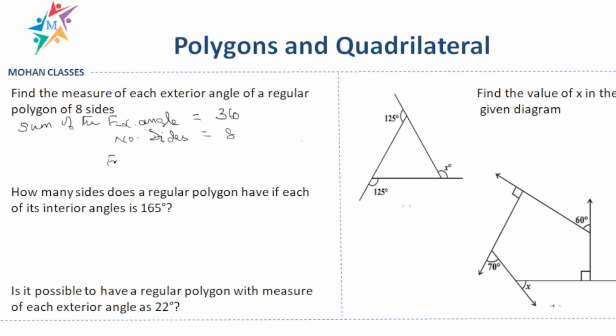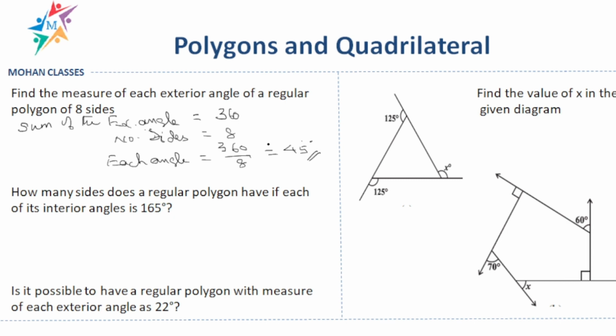Therefore, each angle is 360 degrees divided by the number of sides. So you will get 45 degrees. 8 4s are 32, then 40, 5 8s are 40. So 45 degrees is the answer.